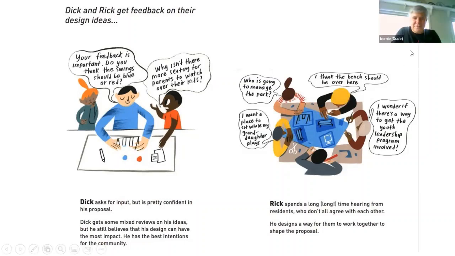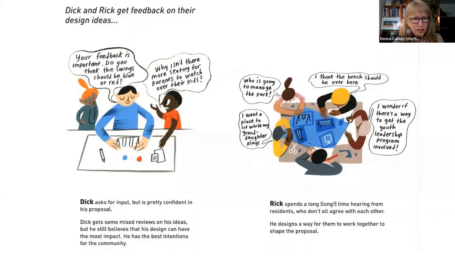And is one of us going to read what the neighbors are saying, or we just let that go? Maybe we should read it. Veronica, you want to read it? Yeah, it's kind of hard to read. Okay. Who is going to manage the park? I want a place to sit while my granddaughter plays. I think the bench should be over here. I wonder if there's a way to get the youth leadership program involved. I tried.